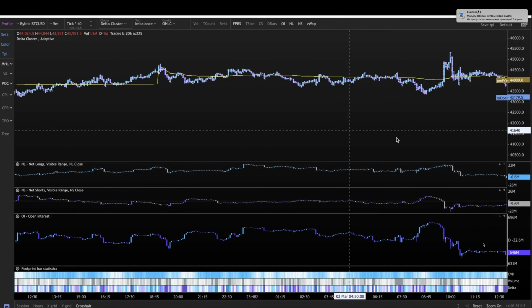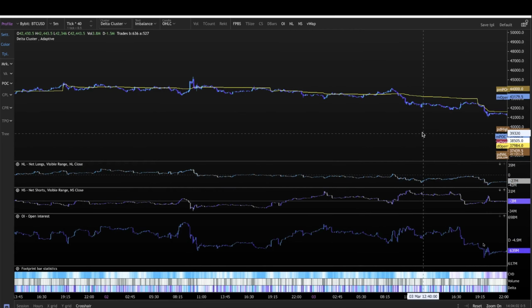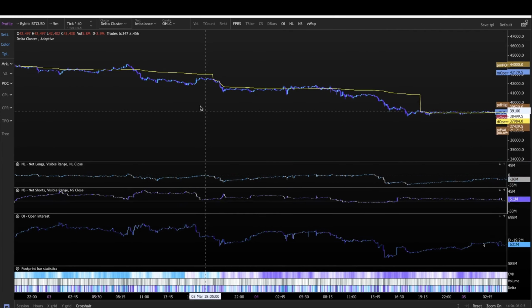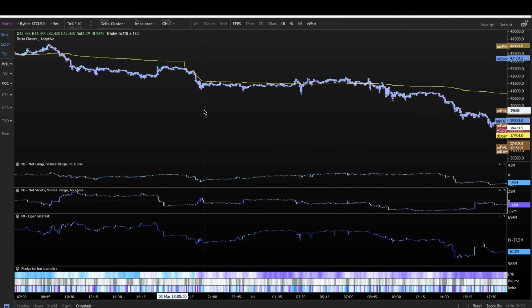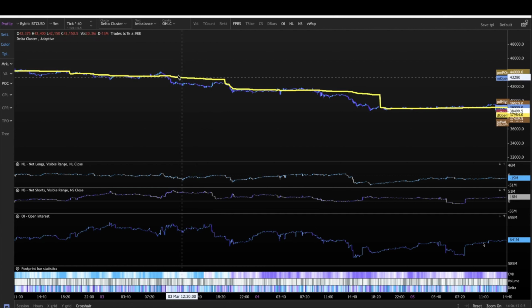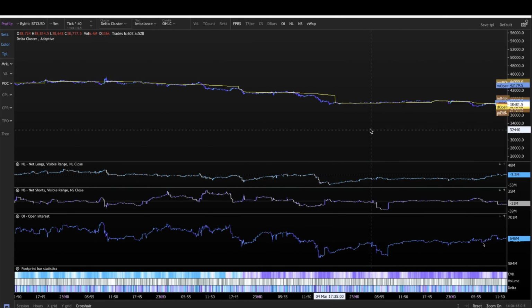Sorry guys, this is a 5-minute chart, so it's going to take me some time. Okay, here we go. Look at this downtrend right here, guys. We can see that as the price is making its way down over time right here, open interest is increasing.